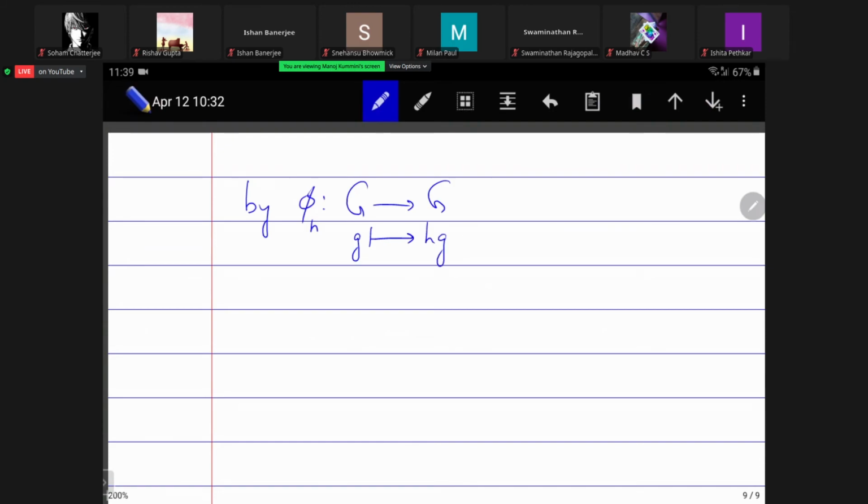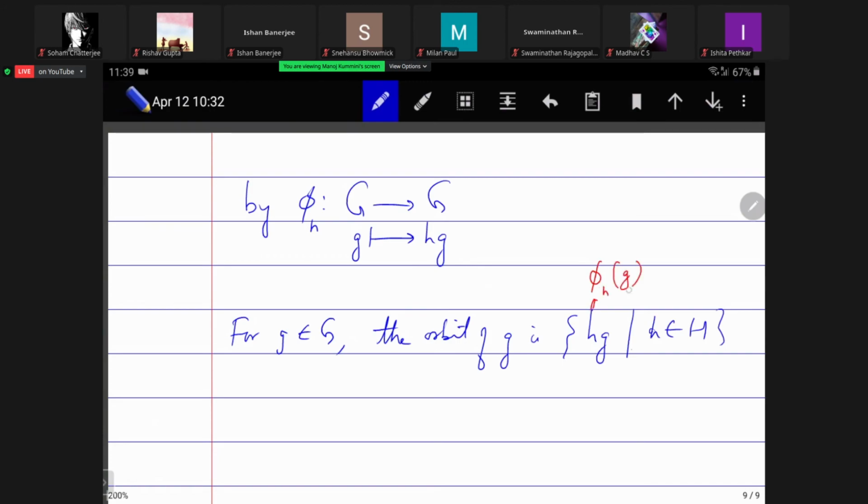So what are the orbits? For g in G, the orbit of g is the set hg, h inside H. Right? This is phi h of g.